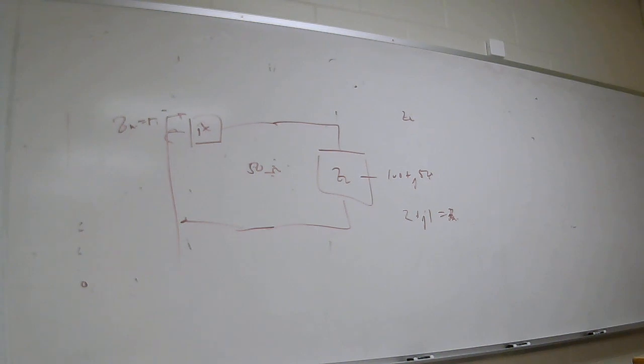Everybody with me? So 2 plus j1 is, here's 2 roughly, j1 is here, so this is 0.1, that's ZL. That's where I enter. Now I drew a circle, something like this, and I said this is going to be my constant reflection coefficient circle. Y'all with me?